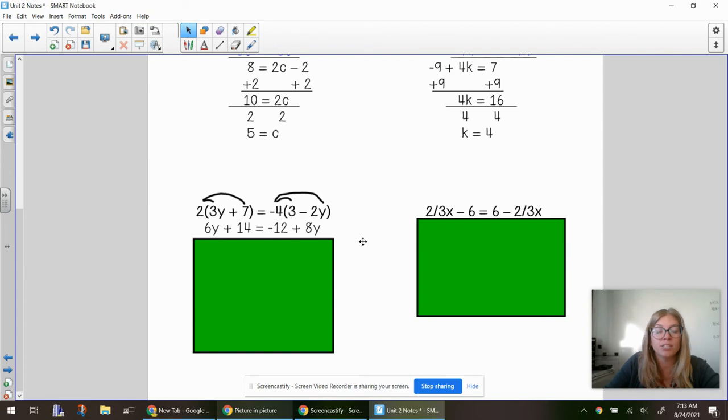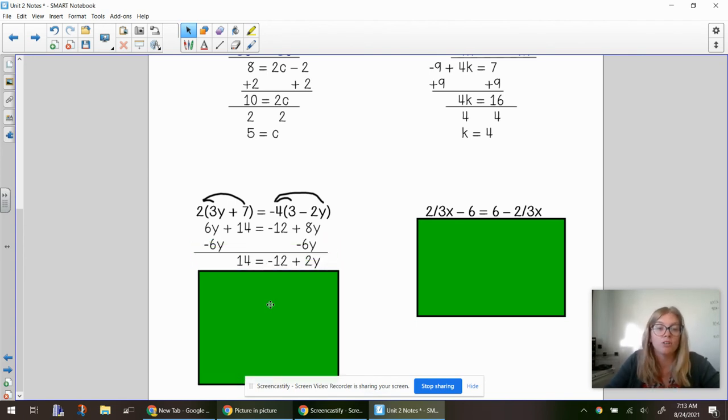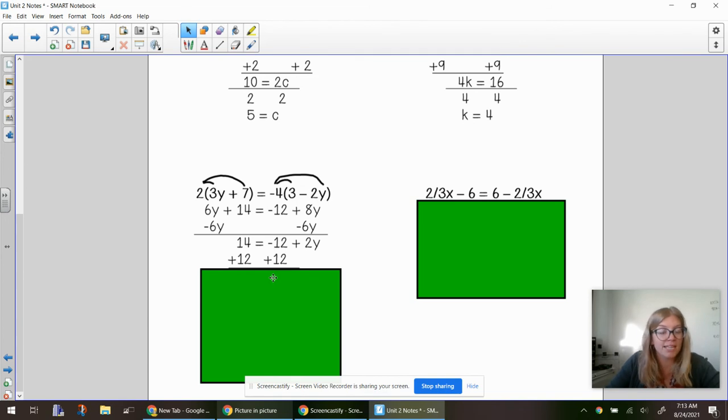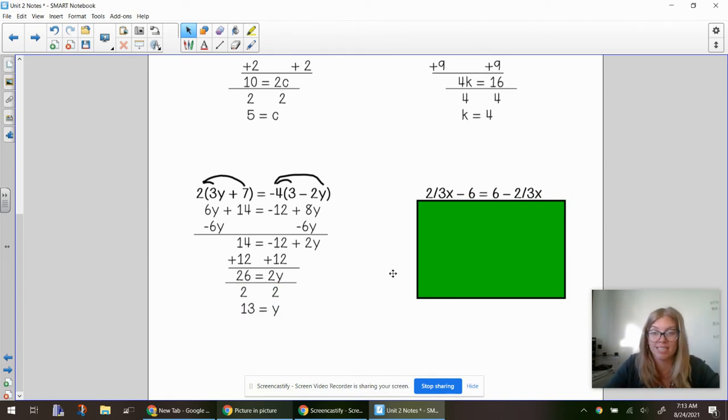Now I need to add or subtract to get my variables and coefficients on the same side. I could either subtract 6y or subtract 8y. I'm going to choose to subtract 6y to keep my numbers positive. 14 equals negative 12 plus 2y. I'm going to add 12 to both sides of my equal sign. 26 equals 2y. Now I'll divide by 2 and y equals 13.